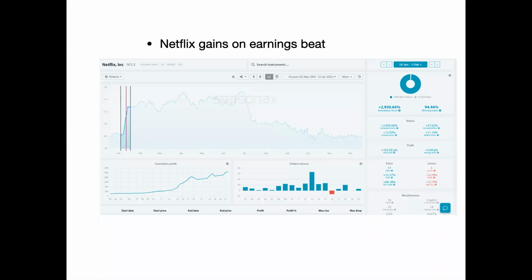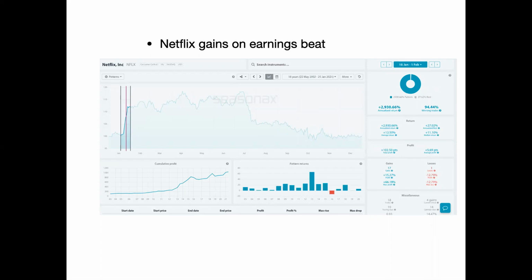Sometimes you get superior returns in individual stocks. Now, here's a good one for Netflix. Look at this. This is Netflix. Now, I made just around 10% return on Netflix this year on this fact.